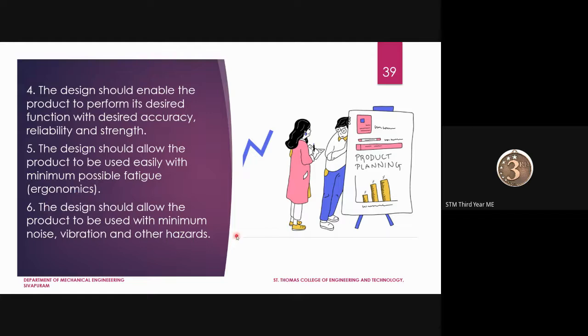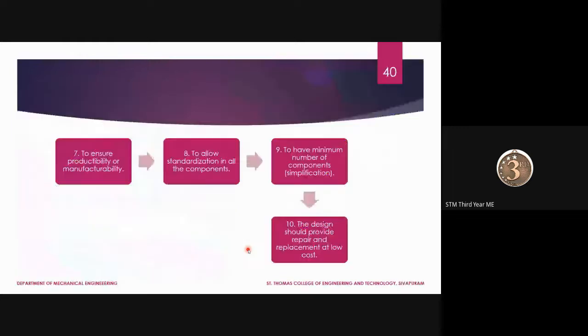The sixth one was to be used with minimum noise, vibration, and other hazards. Seventh one was to ensure productivity and manufacturability. Eighth one was to allow standardization in all components. Ninth one, minimum number of components. And tenth, low cost in repair and replacement. So these are the objectives coming under product design.